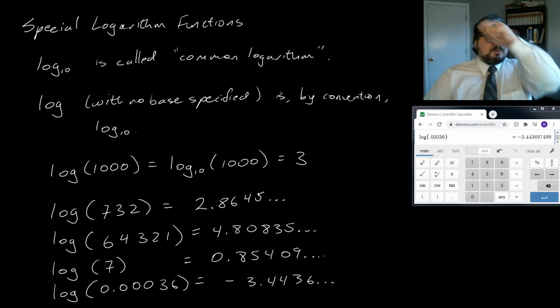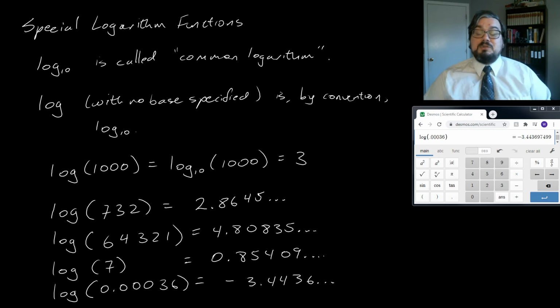So, a few things to point out here. First of all, you notice that we can get negative numbers out of the logarithm. In fact, this will happen whenever the input to the logarithm is less than 1. And that applies to any base larger than 1. We'll see this in a second when we go to construct the graphs. Negative numbers are possible to get out of the logarithm.